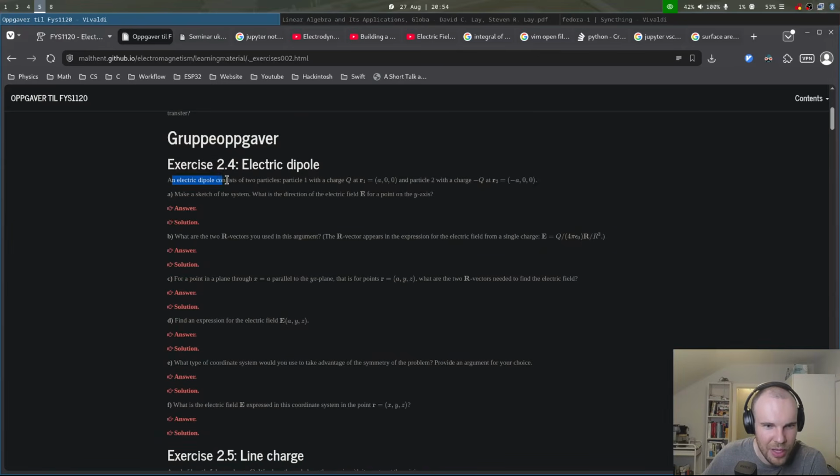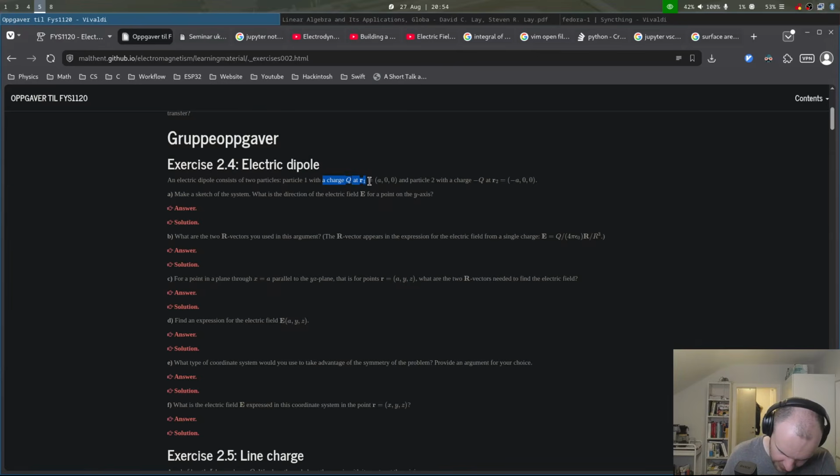An electric dipole consists of two particles. Particle 1 with charge Q at R1. So we have particle 1 at A, 0, 0, and particle 2 at minus A, 0, 0. That's our dipole.